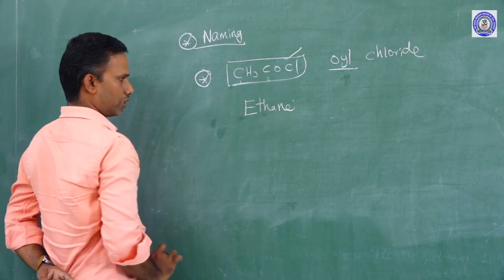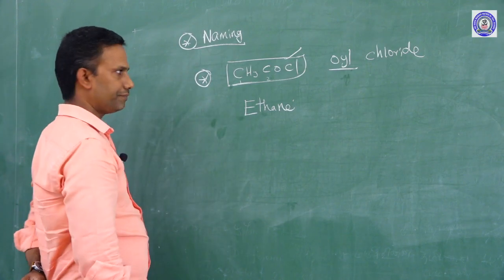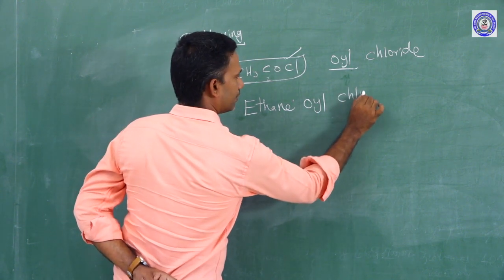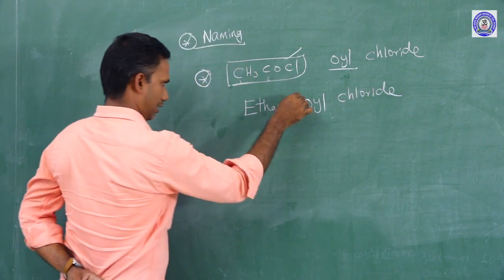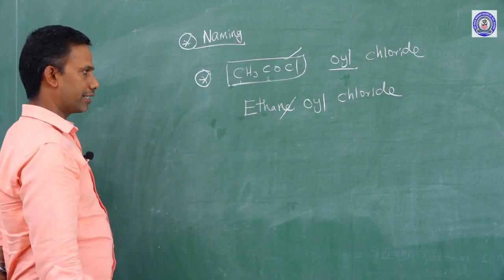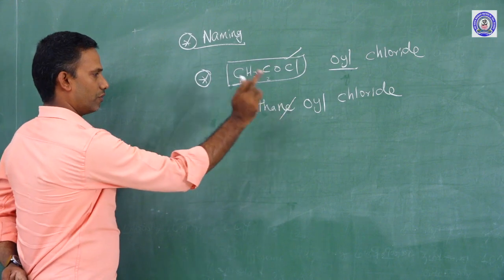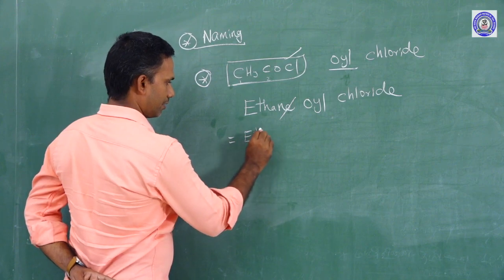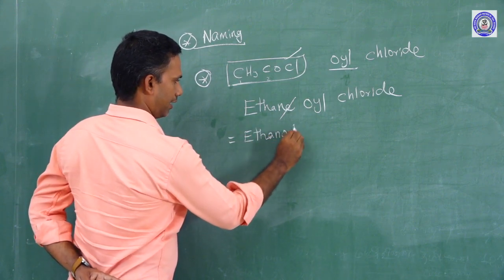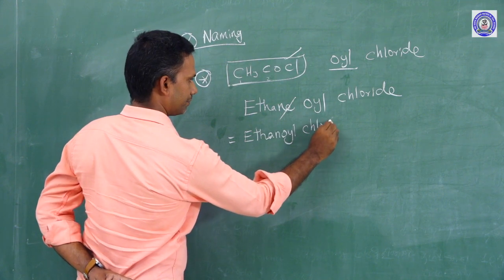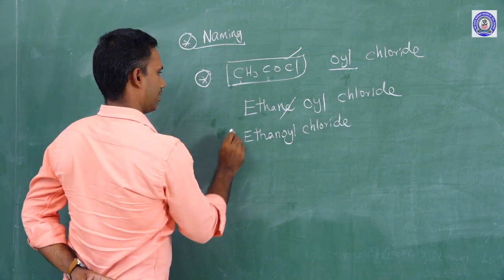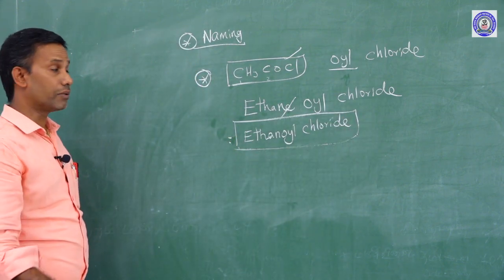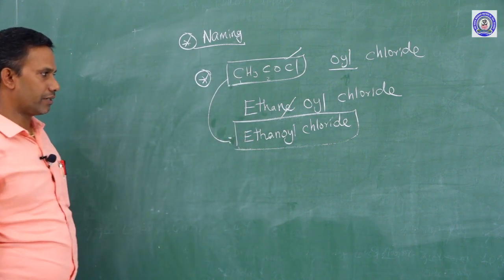So root word ethane, OYL, chloride. Two vowels cannot come together, that is a rule. So we eliminate the E. Now let me write the full name: ethanoyl chloride. This is the IUPAC name of acetyl chloride. Acetyl chloride is a common name; the IUPAC name is ethanoyl chloride. How?